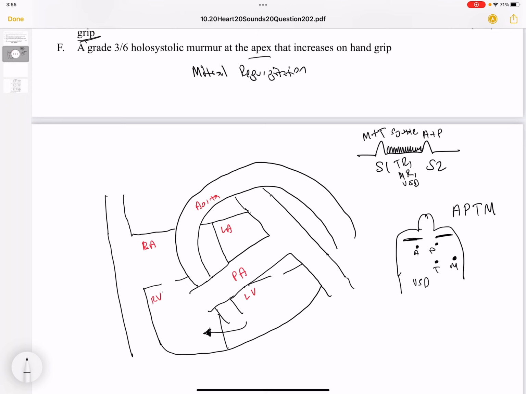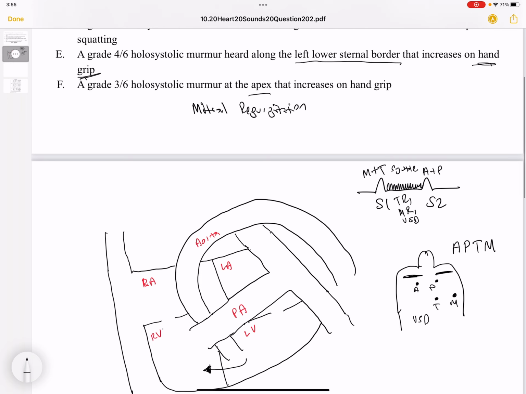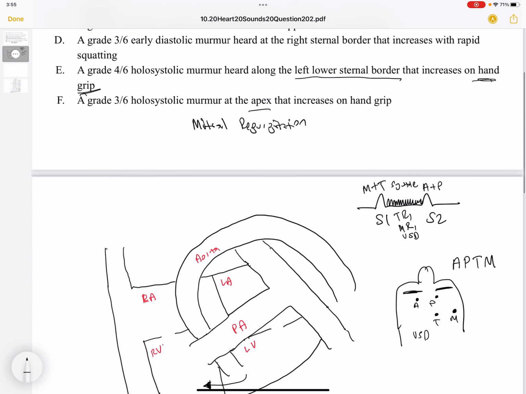If we have more blood found within the left ventricle, then there will be more blood going into the right ventricle, causing an increase in the murmur. As a result, the most likely pathology that this answer choice is talking about is ventricular septal defect.